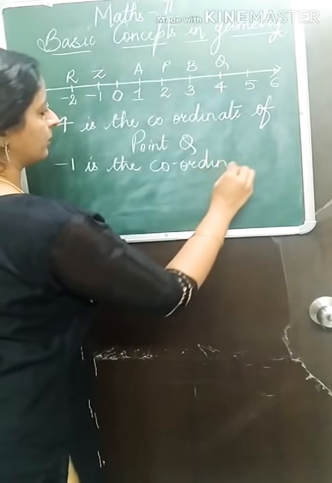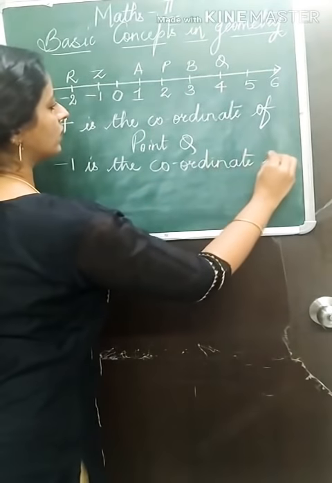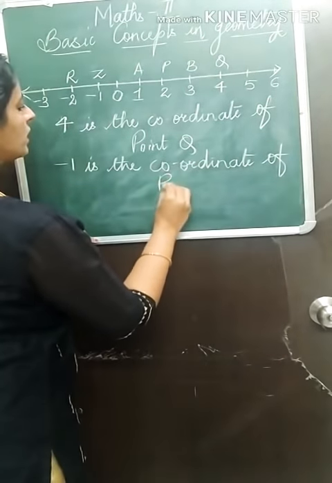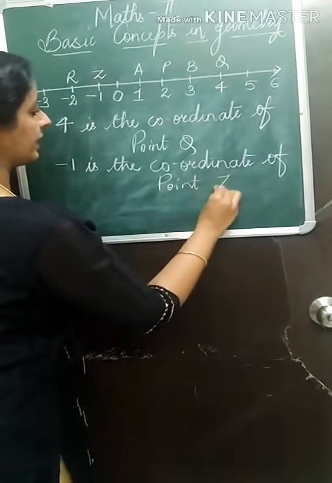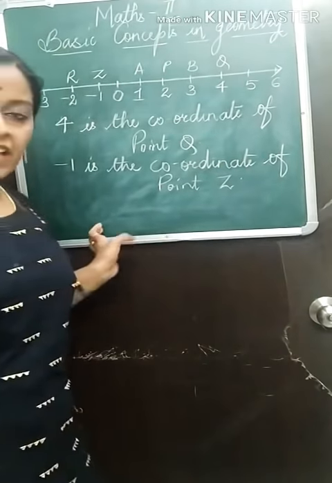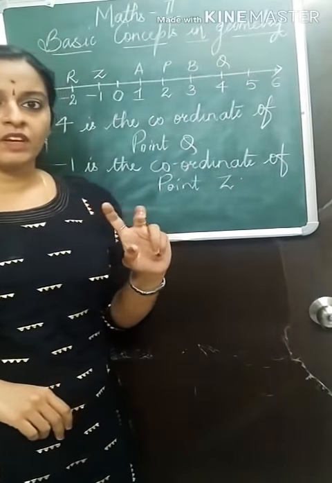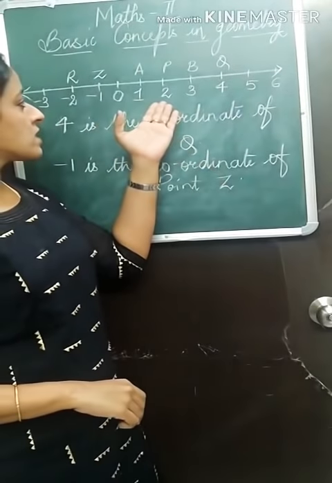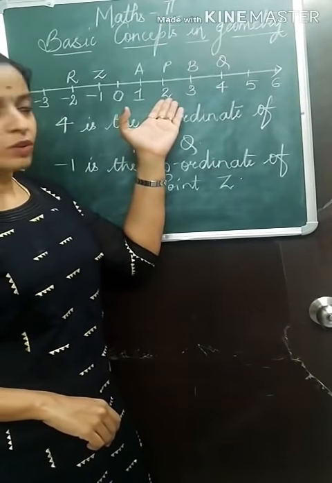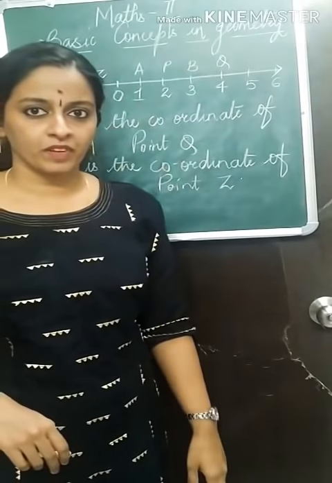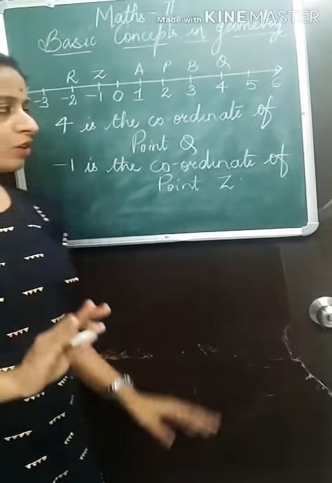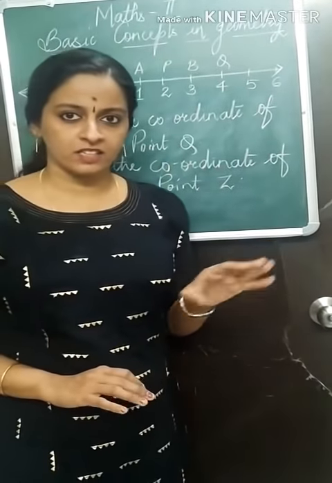The same way, the reverse can be asked. Which point represents 2? Point P. Understood? Points and coordinates.